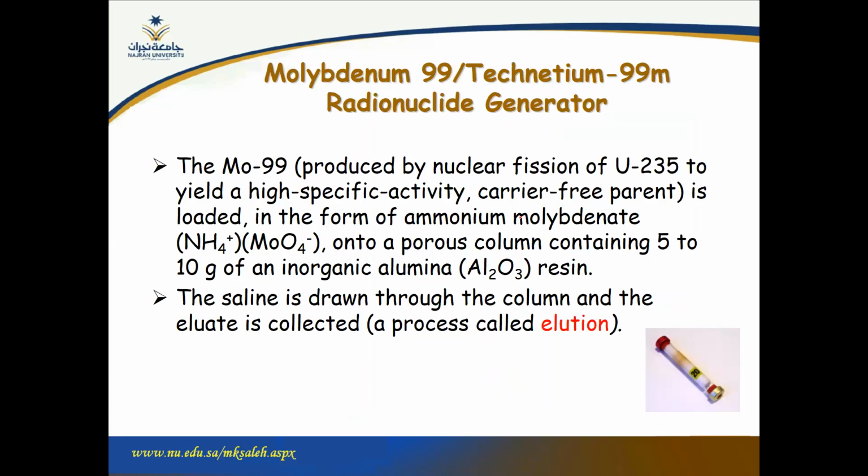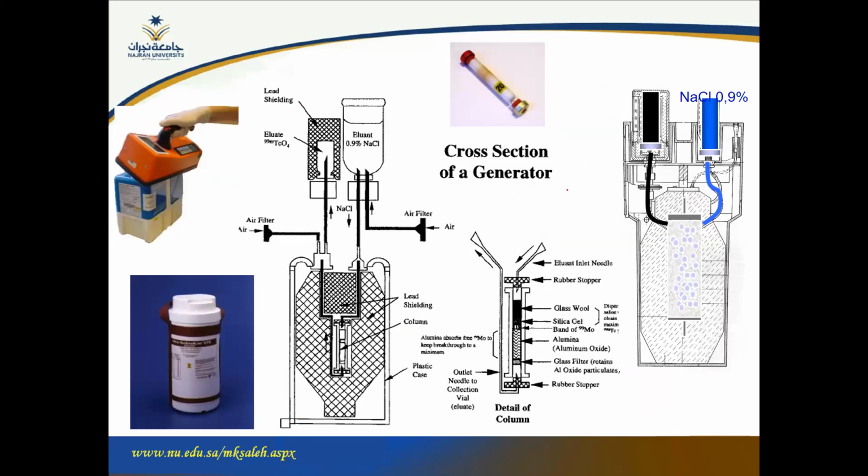Maybe you remember this. This is the generator of the technetium, molybdenum technetium, and we said in the last lecture that this type of generator consists of molybdenum.